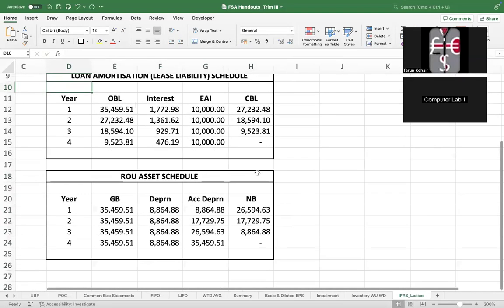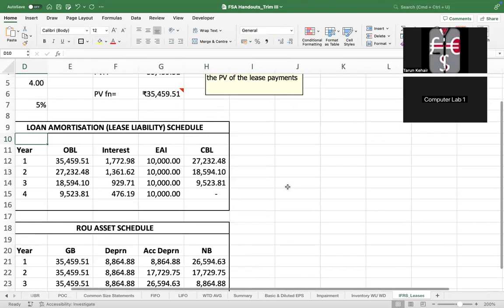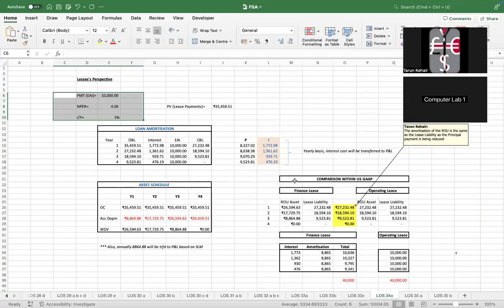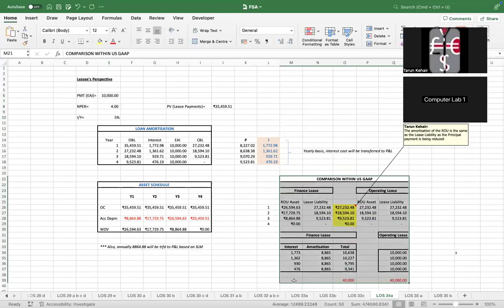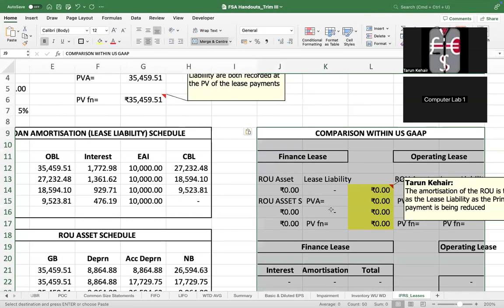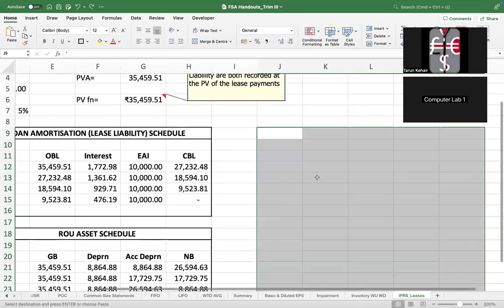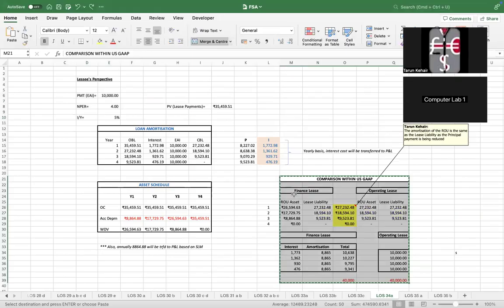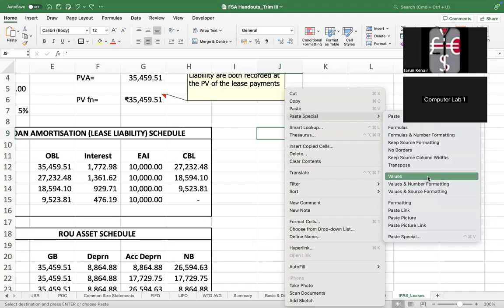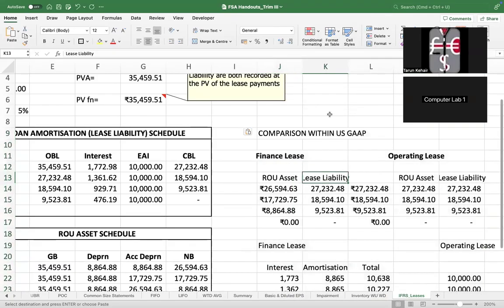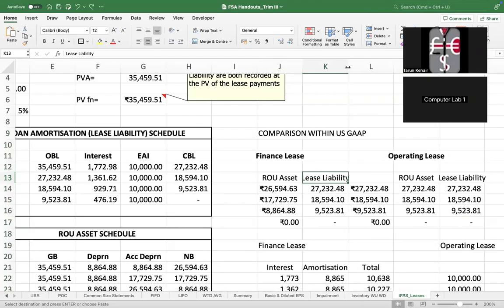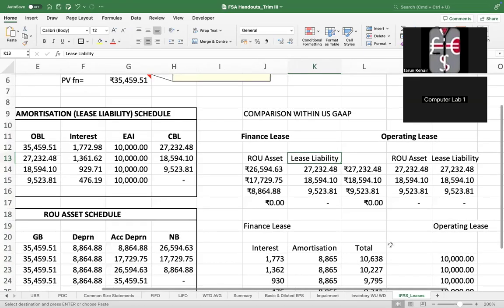Now, if you look at how it will be reported under IFRS, this is something I wanted to show you. Look at this.